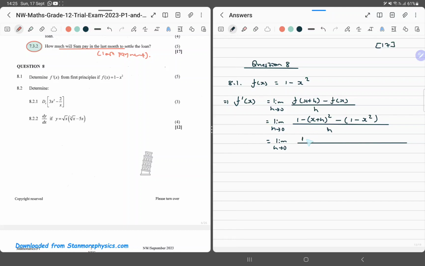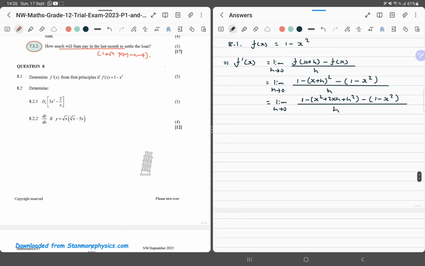So this is 1 minus, when we fold this out, it's going to be x squared plus 2xh plus h squared minus, maybe let's leave it for now, just one last step to go. So this is the limit as h tends to 0. Let's sort this out. So this is 1 minus x squared minus 2xh minus h squared minus 1 plus x squared over h.